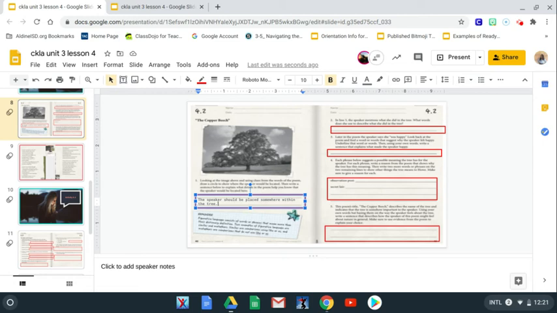somewhere in the tree? And for me, if we look at our poem, it says that she was near the trunk, close to the center, not very high in the branches.